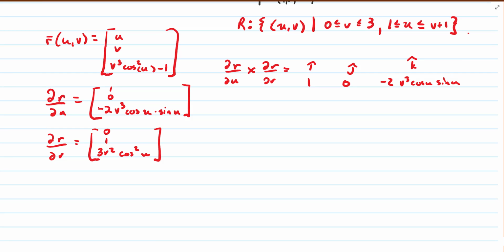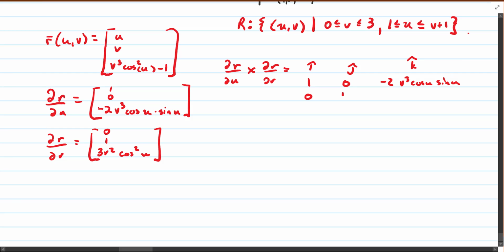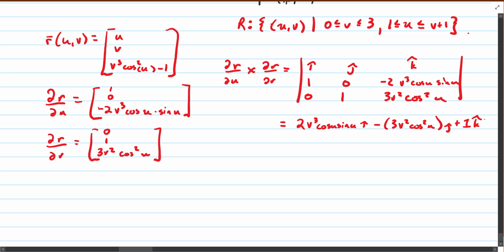And then the second vector we have is 0, 1, 3v squared cosine squared u. So let's compute that cross product. You can check me on that, but there's the cross product. And then we want the magnitude of that.